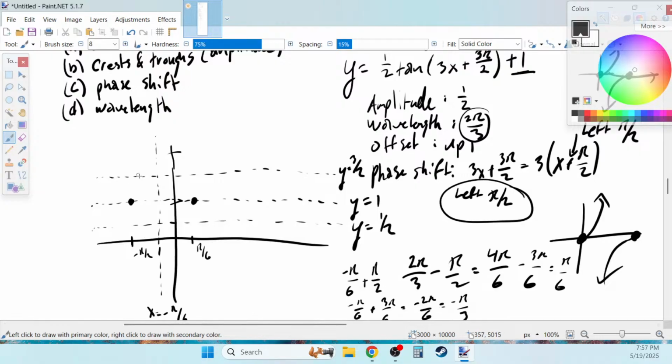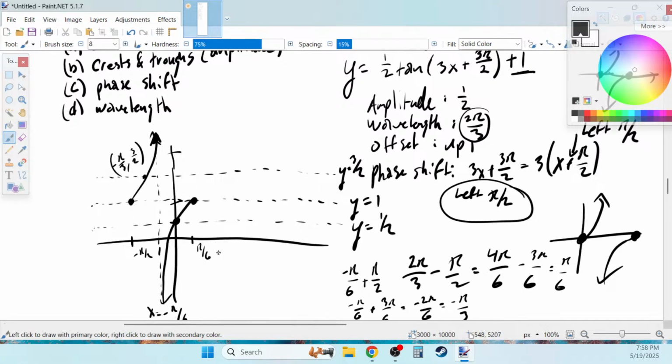So here at negative pi over 3, we're going to hit our crest line, the point negative pi over 3, comma 3/2. And we go off to infinity. We come up from negative infinity; halfway between negative pi over 6 and positive pi over 6 is 0. So there's our trough, and up to there. That's one wavelength.